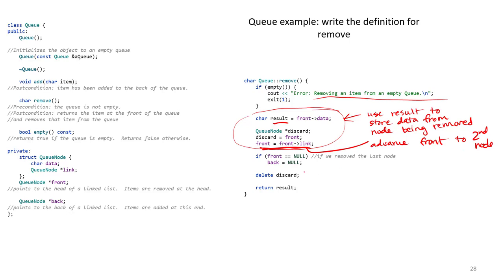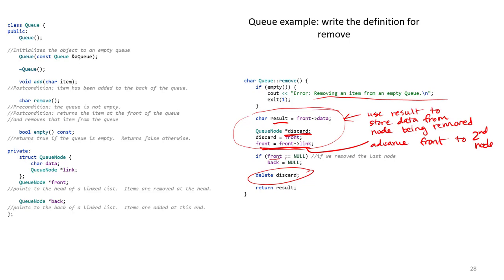Once we've done that, then we can use the delete operator to delete the temporary pointer discard, where we make discard point to the first node at the front of our list. So notice how using these temporary pointers is really important in order to correctly delete things and maintain access to the rest of our list.